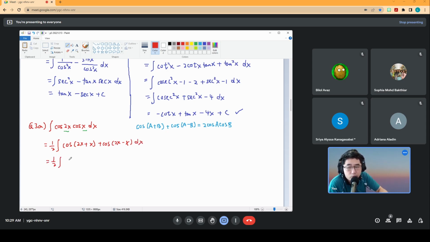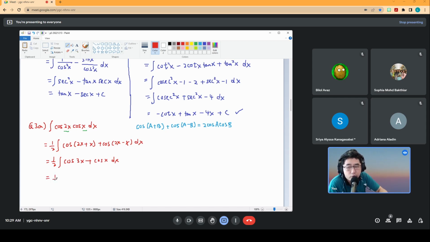Then we can get cos of 3x plus cos of x dx. You realize that, hey, finally I changed something, but two things that multiply together into the plus minus form.